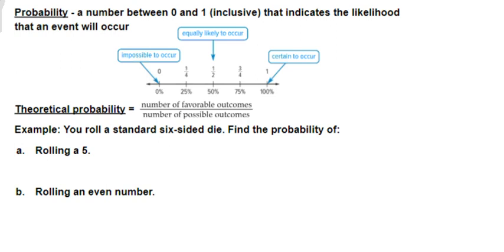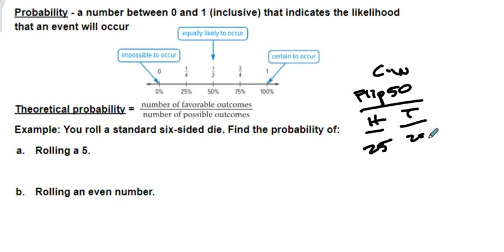A really good example of that is if you flip a coin 50 times. The theoretical probability is that 25 of those times it's going to be heads. You should have, theoretically, 25 of each.